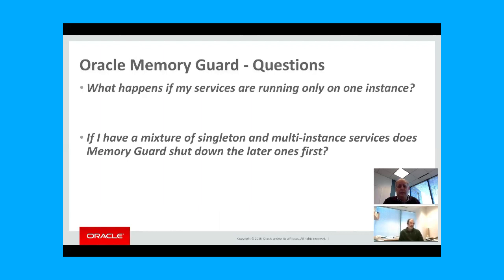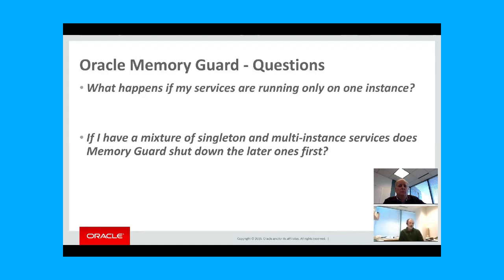Actually, at this time, memory guard doesn't have any sort of preferential treatment of one service over another. It acts on all the services on a particular node that is subject to stress across all databases that are on that node, without any additional heuristics input of any kind.